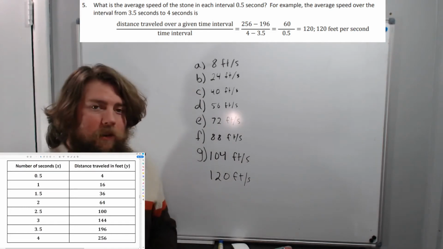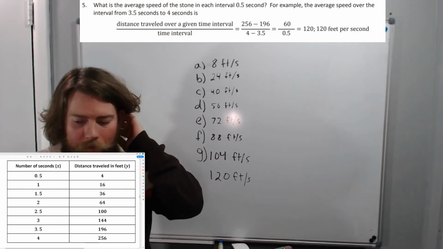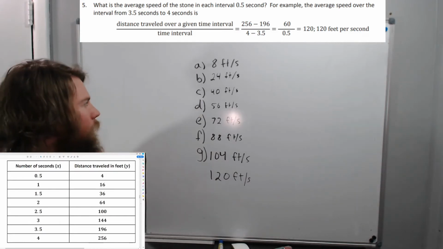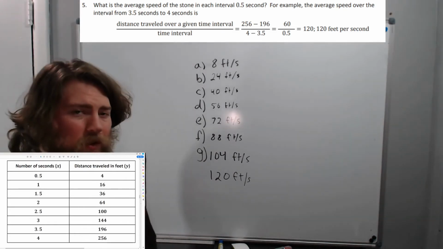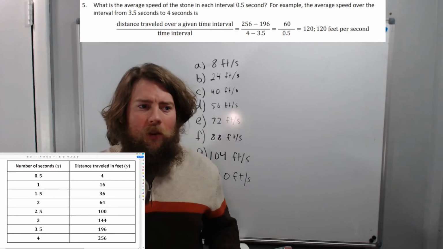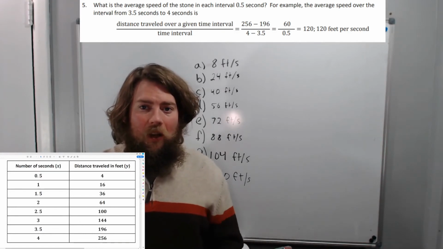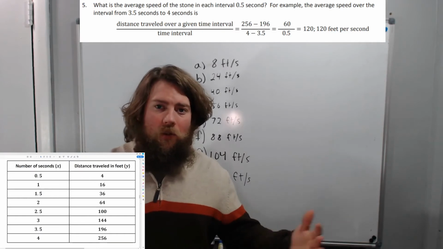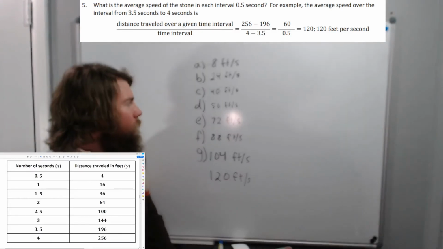The average speed during that half-second interval was 120 feet per second. So what is the pattern that you notice between each of these numbers? Again, we're looking for patterns, even though the sort of pattern we are used to seeing is not there, we can still find patterns in the data.